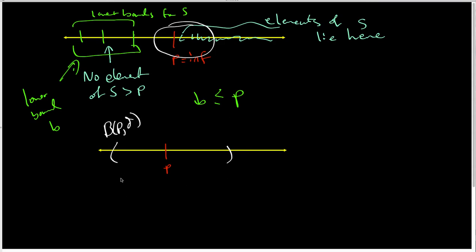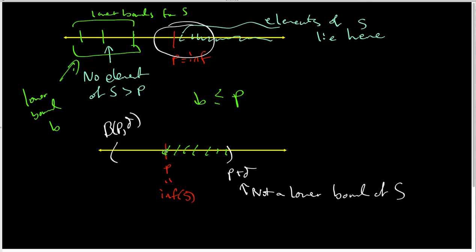And what I want to notice is that if I look at this side of the delta ball, since P itself is the inf of S, P plus delta is not a lower bound of S. And so what that tells me is that there has to be some element, and it might be equal to P, some element of set S must lie inside the half-closed interval starting at P and running up to P plus delta.